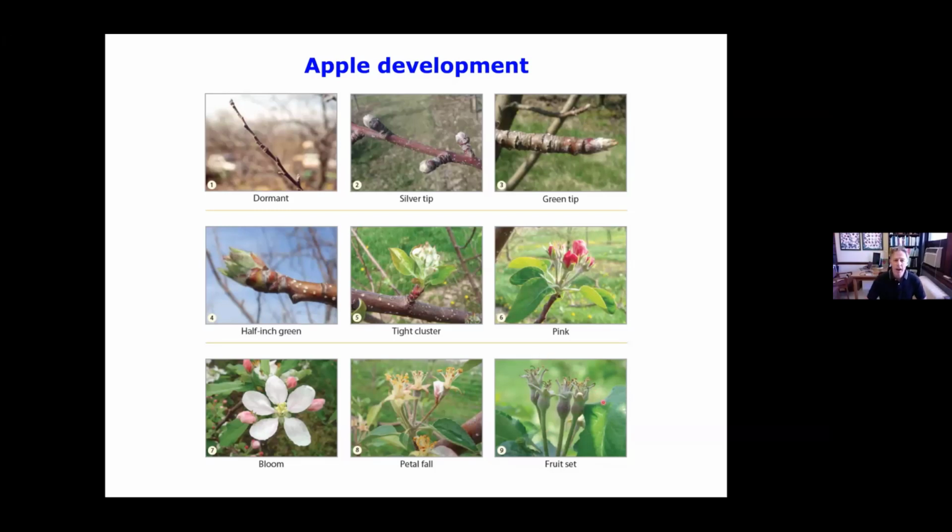So how fast we go from dormant through these various stages through to petal fall and fruit set depends almost entirely on temperature. So if we had a really warm spring and it warmed up and every day was 70 degrees and the sky was blue and life was perfect, we would go through these stages really quickly.